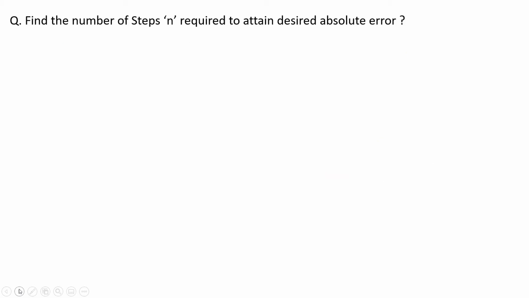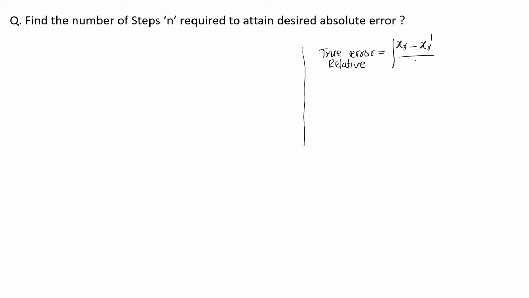So now let's move to some more details of the bisection method. The actual error, meaning true error, in the bisection or any method, the true relative error is equal to actual root minus approximated root divided by actual root.